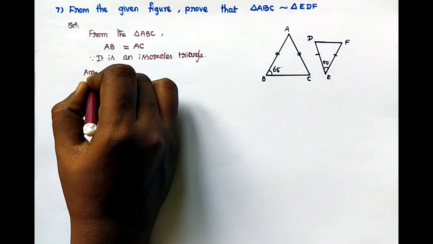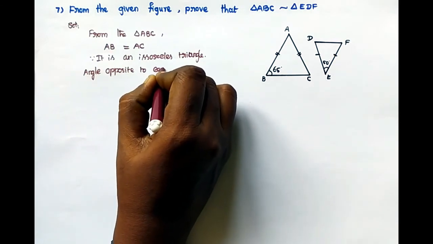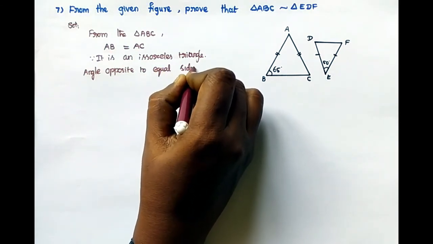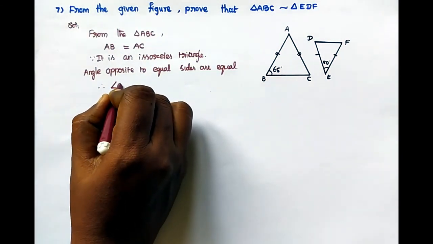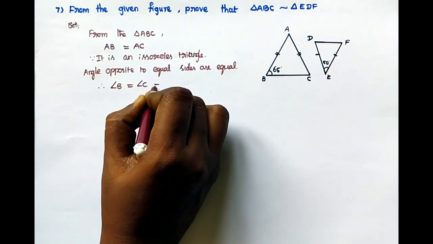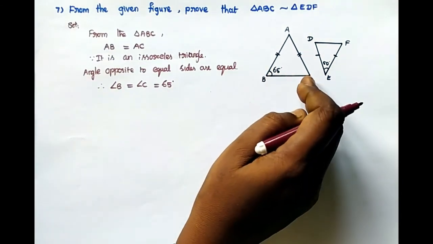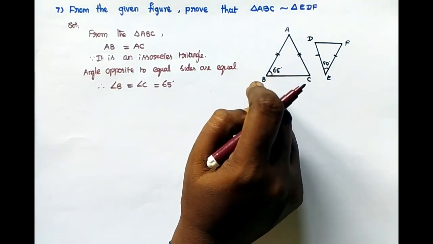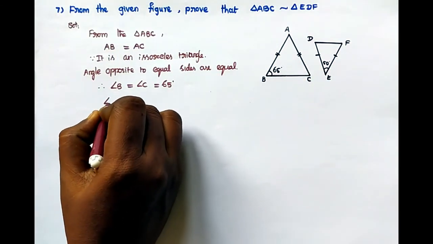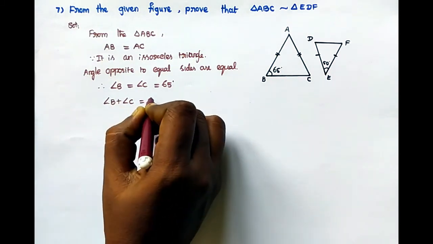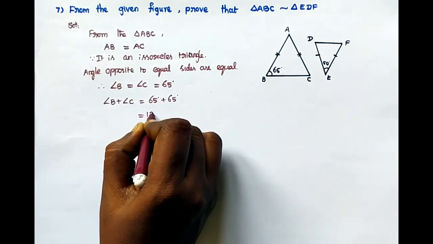And angles opposite to equal sides are equal, so angle B is equal to angle C equal to 65 degree. Angle B plus angle C equal to 65 degree plus 65 degree, that is 130 degree.